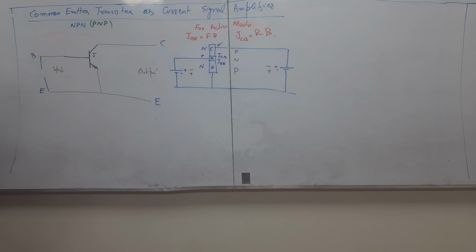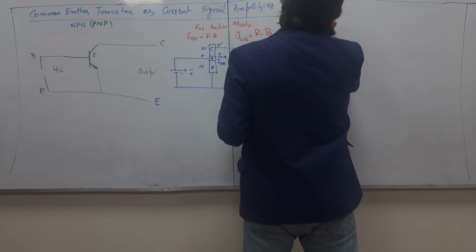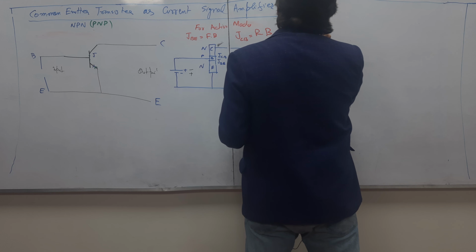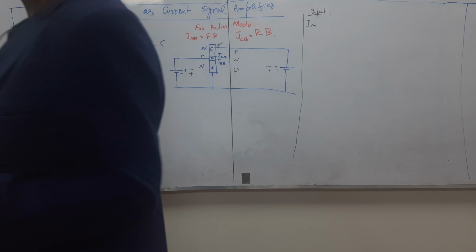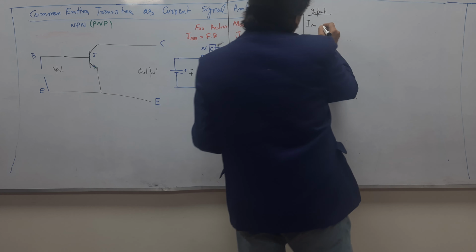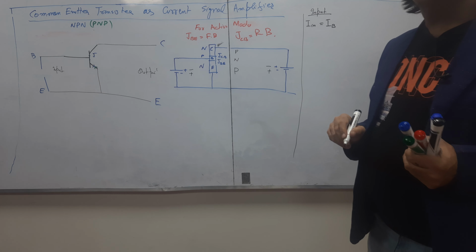To understand the functions of this, what will be the input? Input current will be IB.